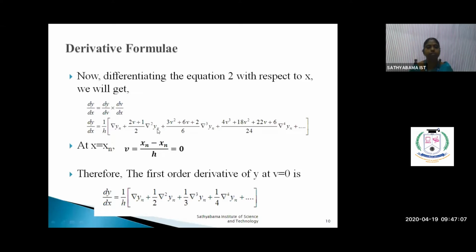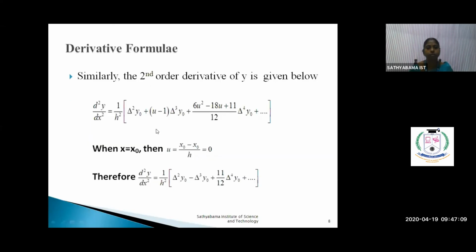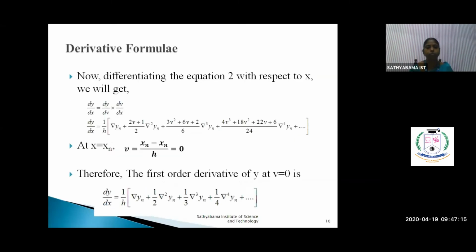And instead of y naught, the first entry, we have used yn. That is the difference. And look at all the terms: they are all positive, so there is no alternating sign between the terms. So it is very easy to learn the formulas by heart.